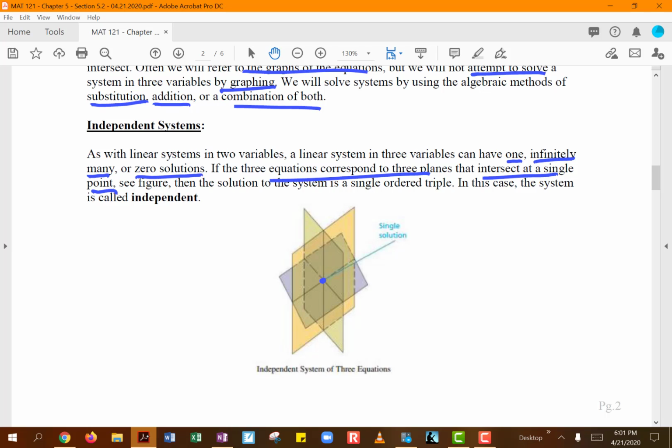But again, it's so hard to visualize this, but you can kind of see they have those three different colors to show you the three different planes, and they're all only intersecting at that one single point. So we will say there's only one solution to this system, and that solution is going to be a single ordered triple. Systems like these, where you only have one point where the three planes intersect, we call independent systems.